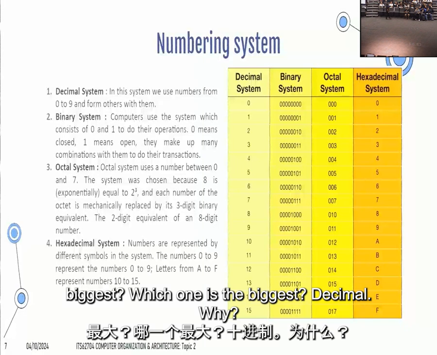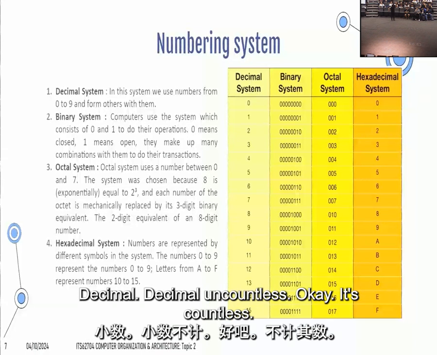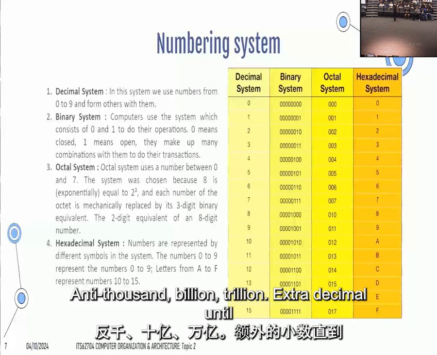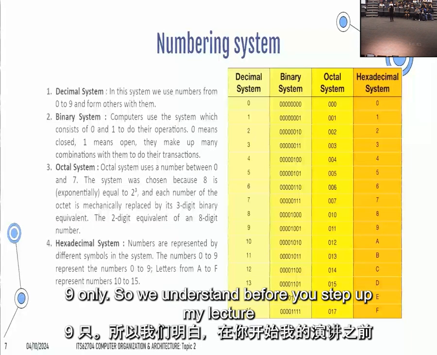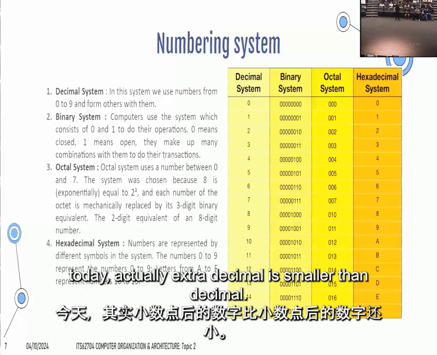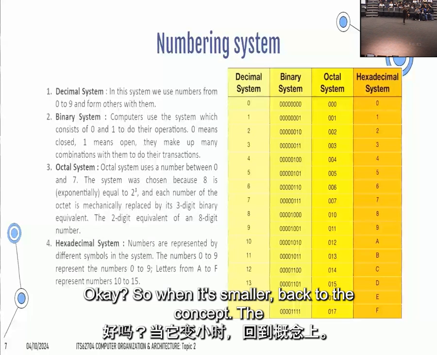Which one is the beast? Decimal. Why? Decimal is countless. Until thousand, billion, trillion. Hexadecimal until 9 only. So we understand, before you step up my lecture today, actually hexadecimal is smaller than decimal.